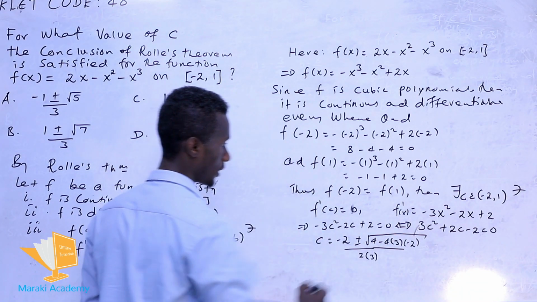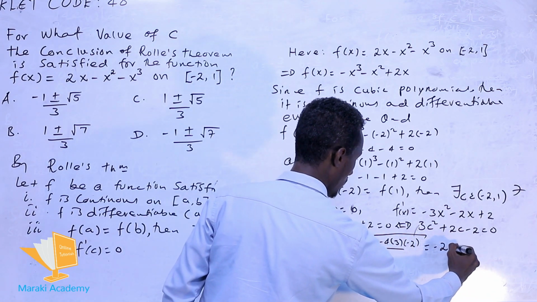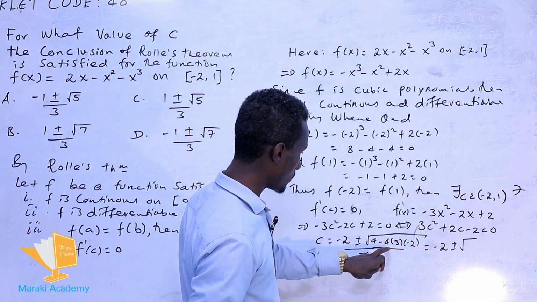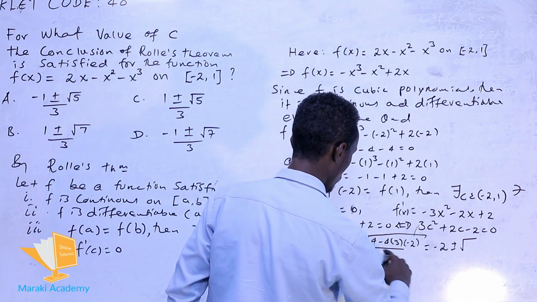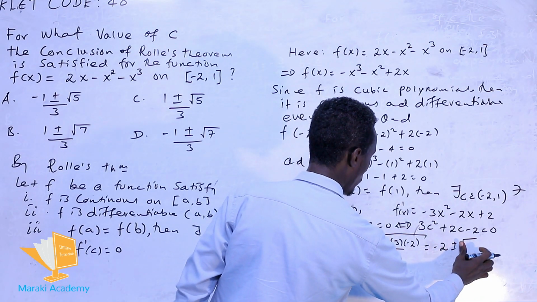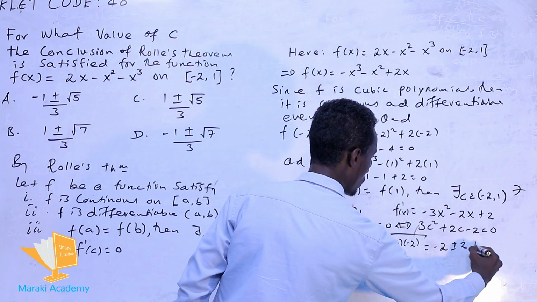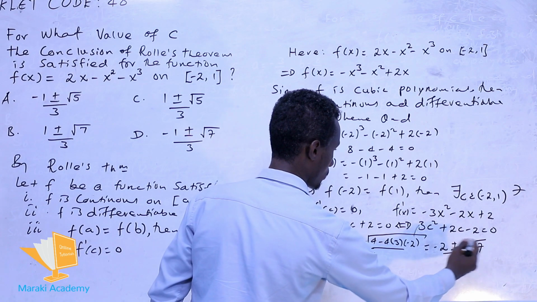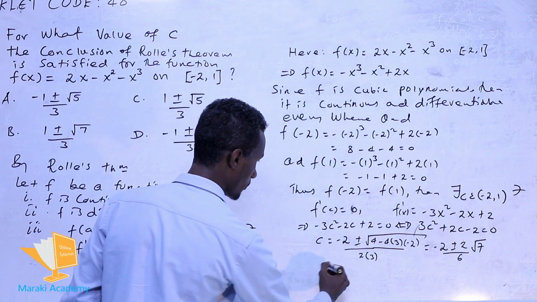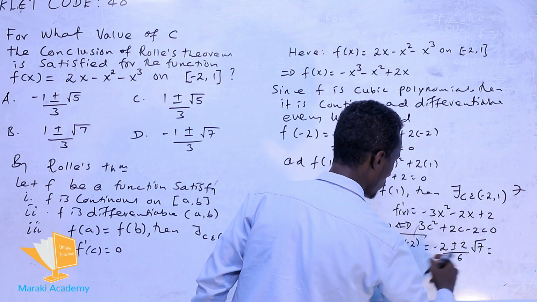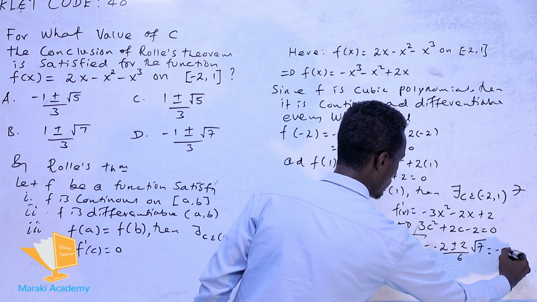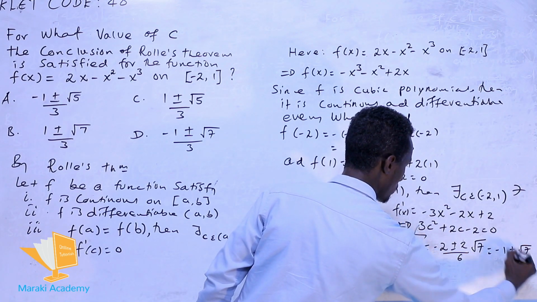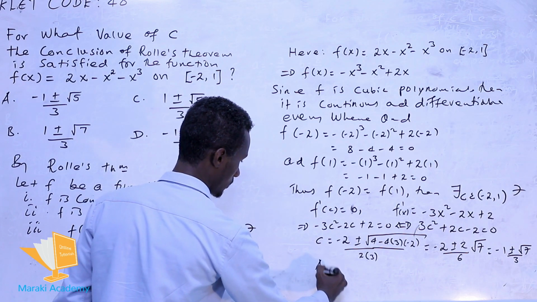This is the quadratic formula, so we get minus 2 plus or minus the root of 4 times this, which gives 28. Taking out of the radical, we have 2 root 7 over 6. Taking out the common factor, the value of c is minus 1 plus or minus root 7 over 3.